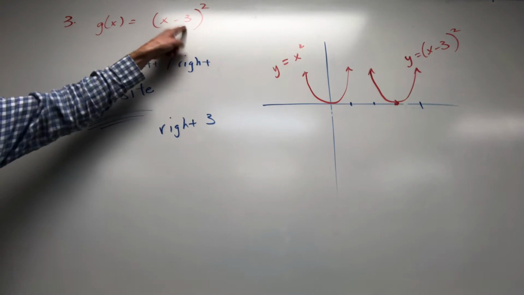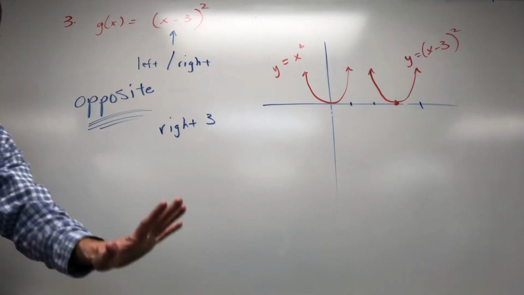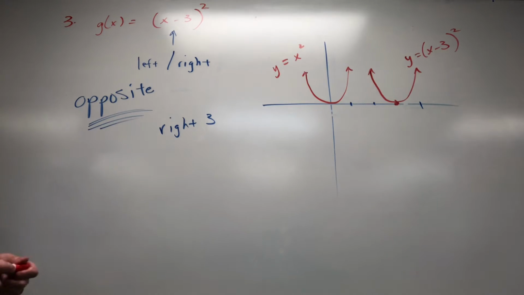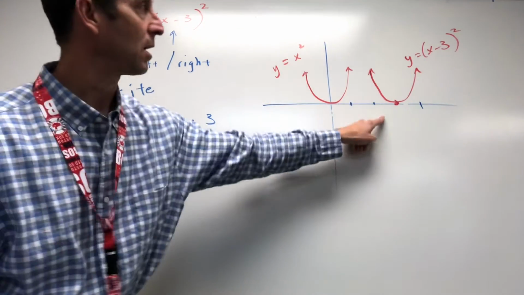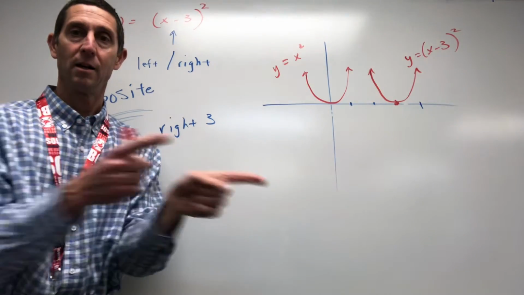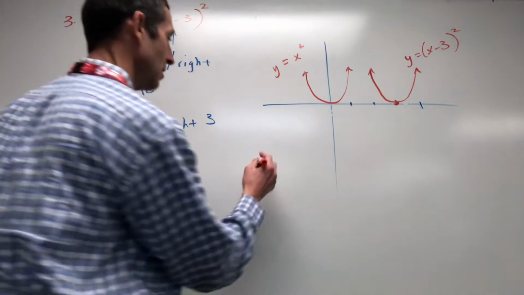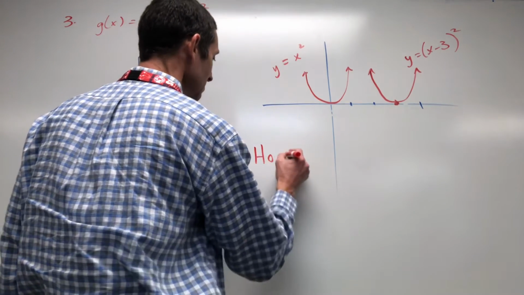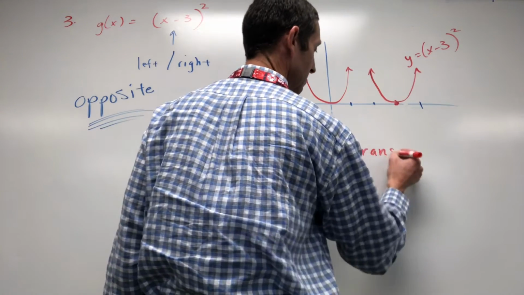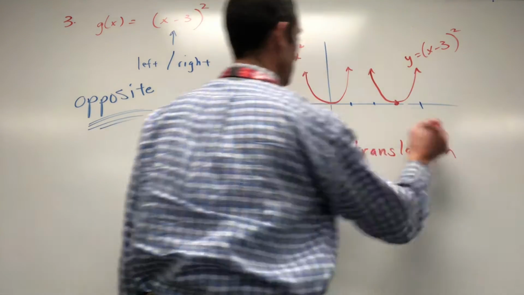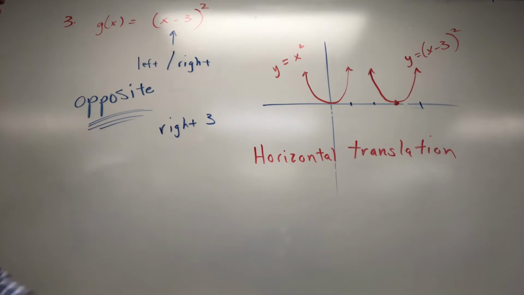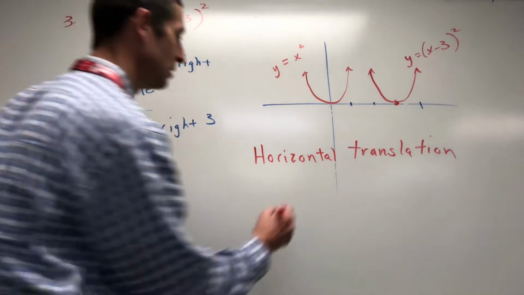So anything inside the parentheses, think opposite. Outside the parentheses, it stays what it means. Let's describe this. It's a left-right translation, so that means horizontal. A definite horizontal translation, and we went 3 units right.